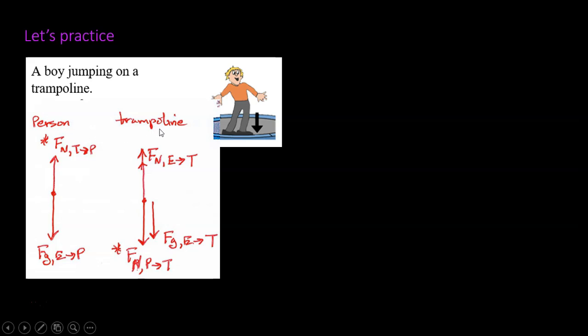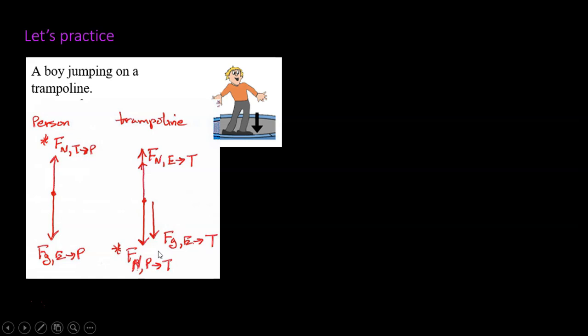Then if we look at the trampoline, we have the force of gravity pulling down on the trampoline. We have the normal force of the Earth pushing up on the trampoline, and we also have the normal force of the boy pushing down on the trampoline.